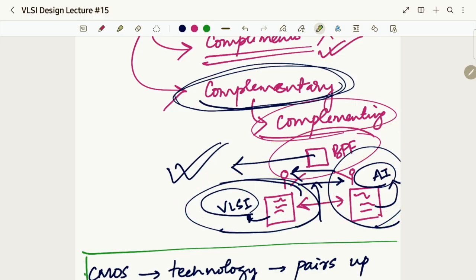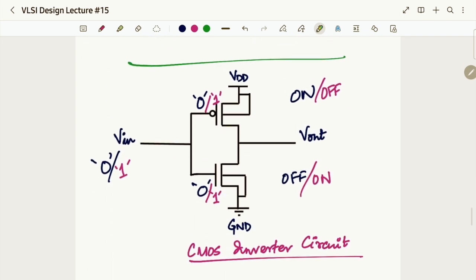That means here also our PMOS and NMOS are working on shifts. If the input is 0, NMOS will see, okay, 0, I am not required right now, PMOS you handle it, so PMOS is handling. If the input is logic 1, PMOS will see, oh, it is logic 1, I am not required to take care of this. NMOS, you do your job. So NMOS is handling the job.